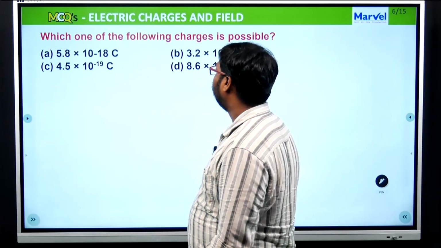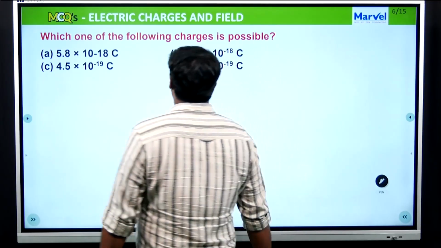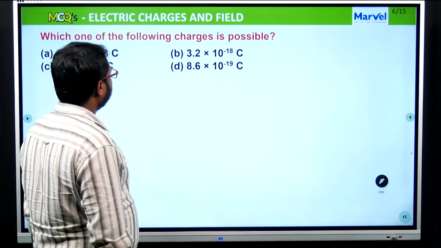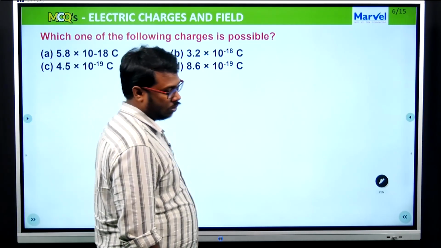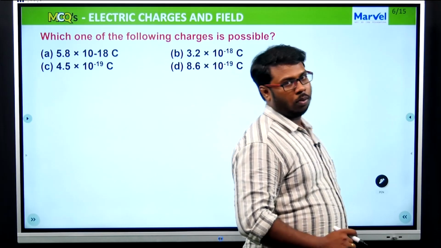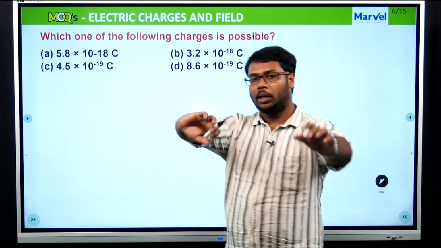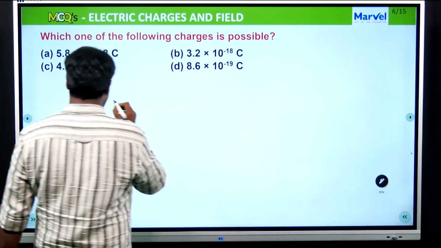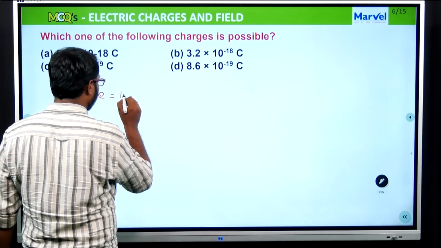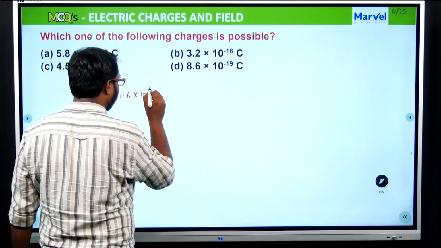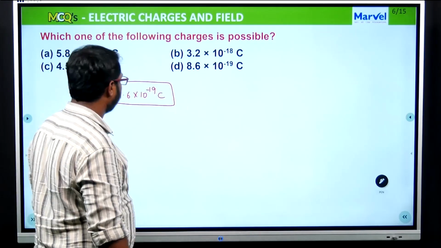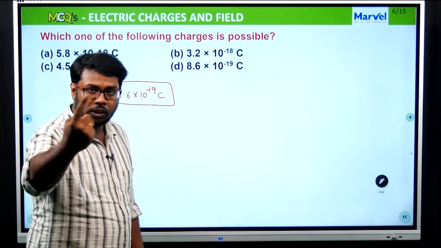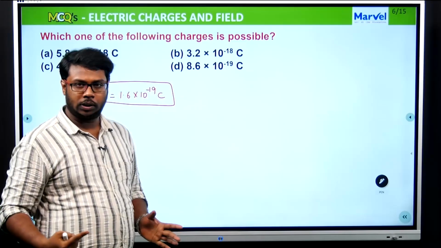The next question goes as, which one of the following charges is possible? How do you check this? The charge of the electron is 1.6 into 10 power minus 19 coulomb. If there is one charge, then it is 1.6 into 10 power minus 19.